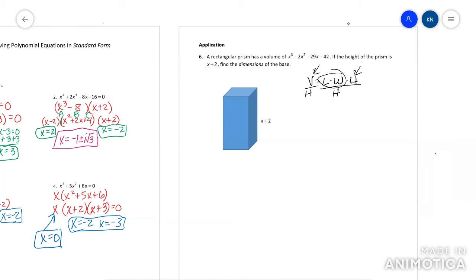So let me show you what I mean. I would take this x cubed minus 2x squared minus 29x minus 42, and I would divide it by the x plus 2. Now this is an easy one, so I would do synthetic division here. You can totally do long division though, that doesn't matter.